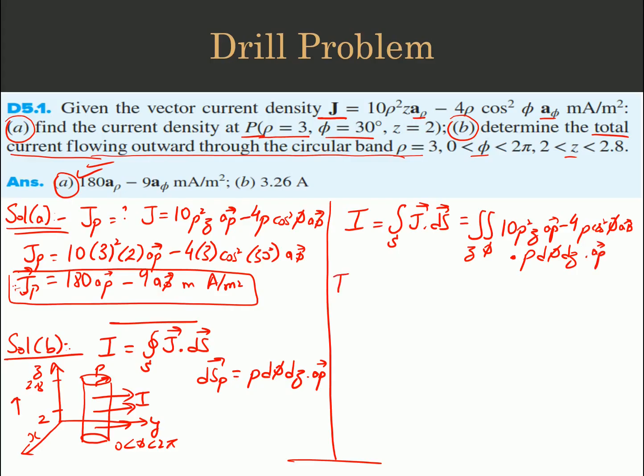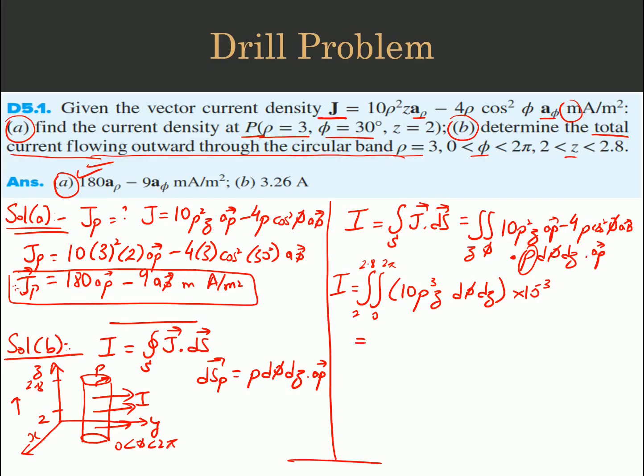So now the current comes out to be, multiplying rho with rho square, rho cube, and a rho dot a rho is 1. The equation I'm left with is a double integral, phi from 0 to 2 pi and z from 2 to 2.8, of 10 rho cube z d phi dz, and don't forget that we have millimeters here, so multiply by 10 raised to the power minus 3.